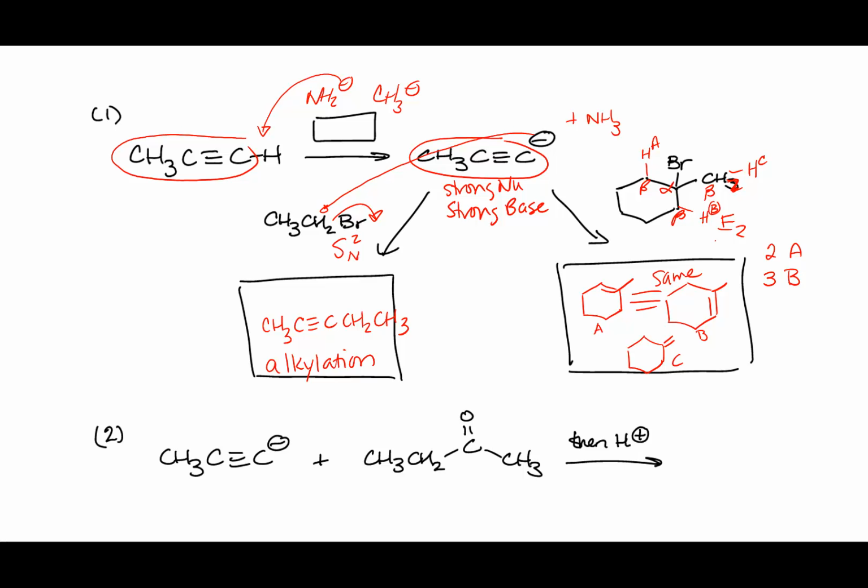Why, if you chose A, why A? A is more substituted. And if you chose C, why C? Because it's like, is it sterically hindered? Okay, so hydrogen would be less sterically hindered to react with a more sterically hindered base, because it's acting as a base in E2.